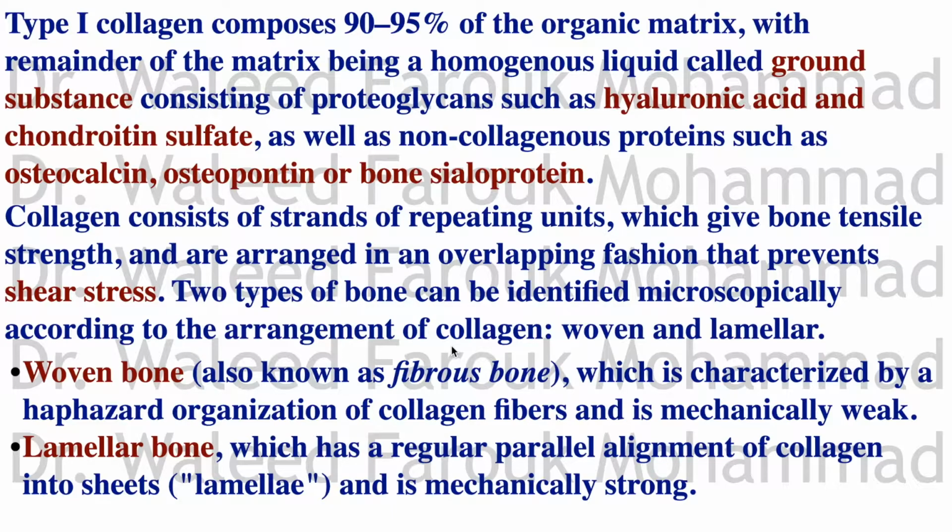According to the arrangement of the collagen fibers present in bone, the bone is divided into woven and lamellar. The woven bone, or the haphazard bone, is also called fibrous bone, and is characterized by a haphazard organization of collagen fibers.